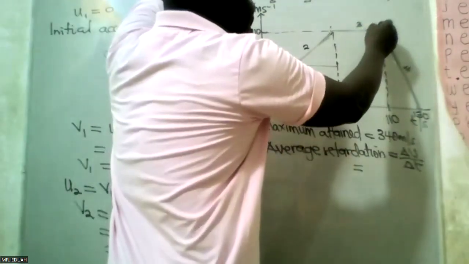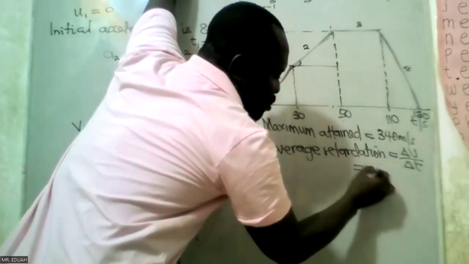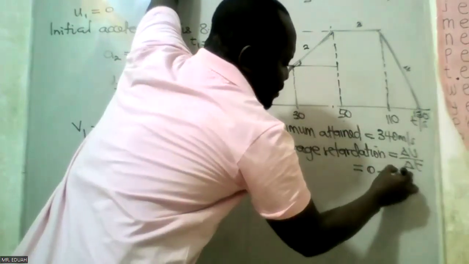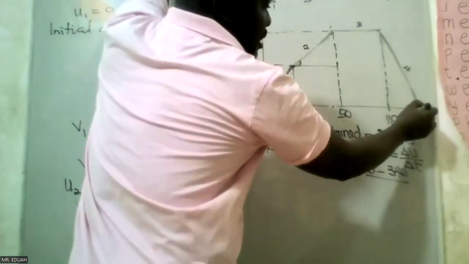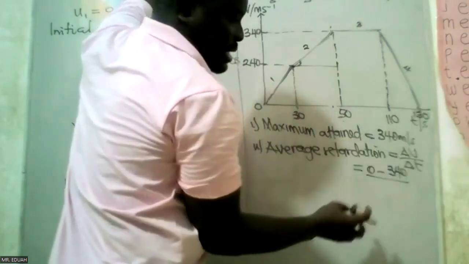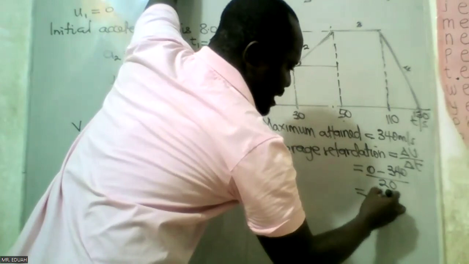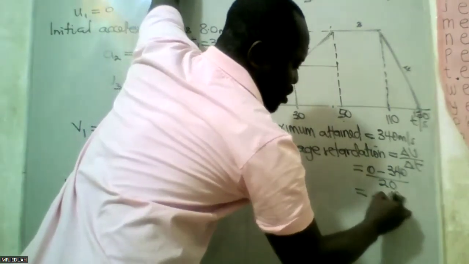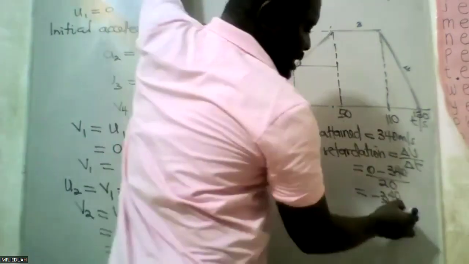This is the initial speed, and then the final speed is 0. So 0 minus 340 over the time interval within which this happened, which is 20. So minus 340 on 20. This is 34 over 2.